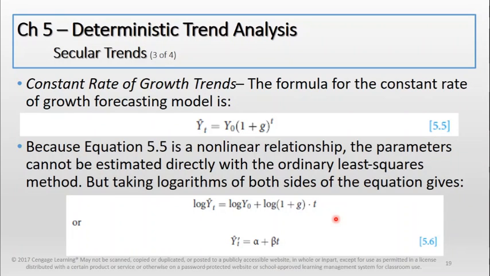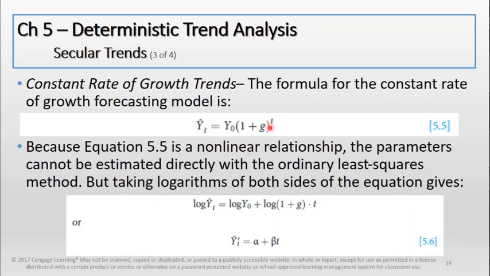So the formula for the constant rate of growth forecast model is this one. So where your y circumflex is your forecasted value for period t, which is equal to your y subscript 0. So it is the initial value of the time series, since your t is equal to 0. And G here is the constant growth rate per period, where T is of course your unit of time.